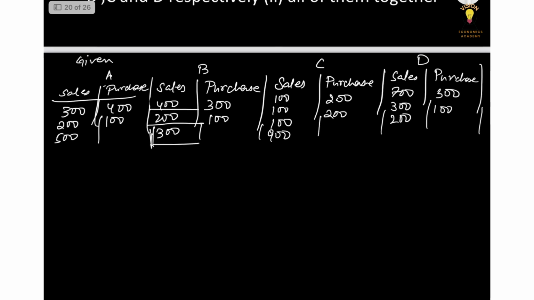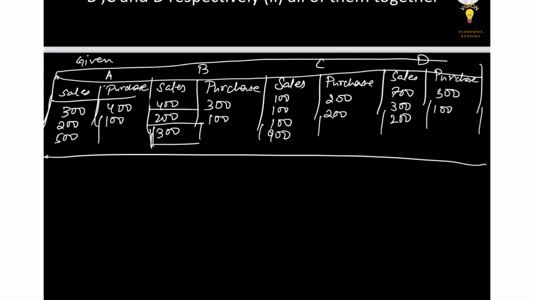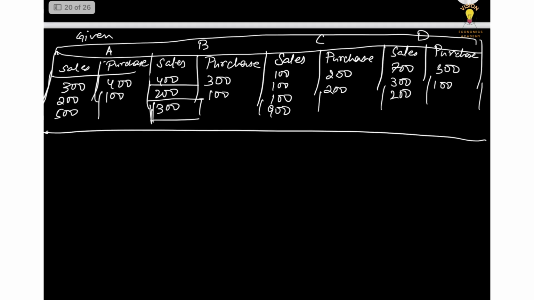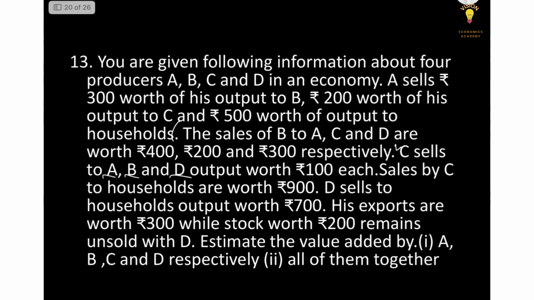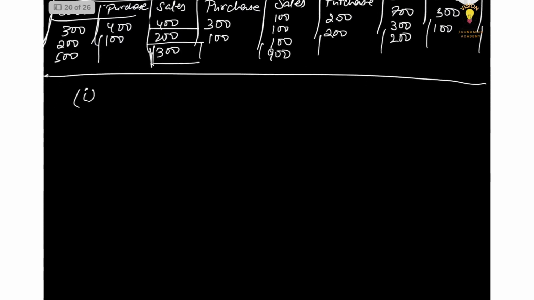So with this given information, we can easily find out the answer. Now we have A's sales and purchases, B's sales and purchases, C's sales and purchases, and D's sales and purchases, right? So what is the question? First question, A, B and C's value added.